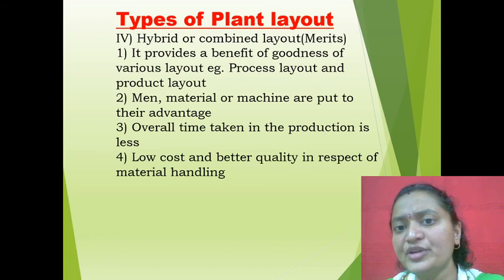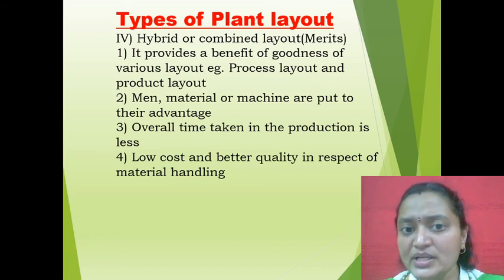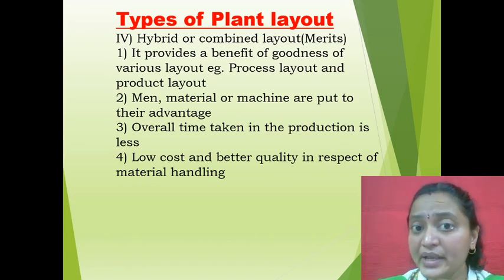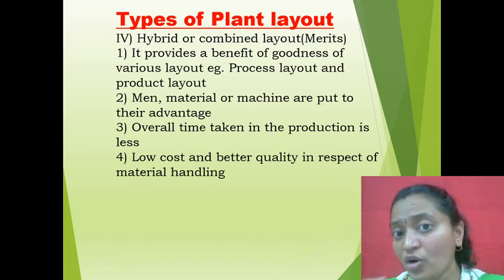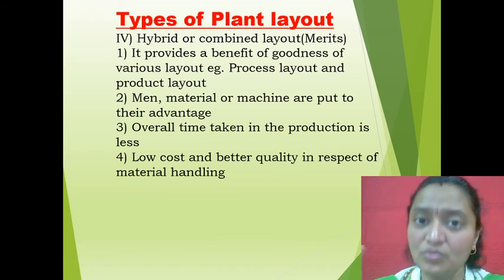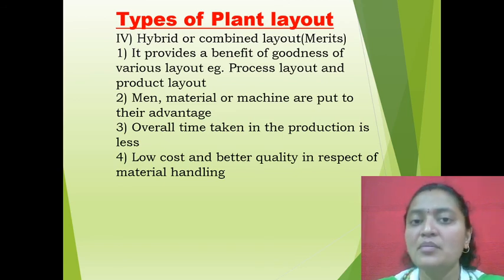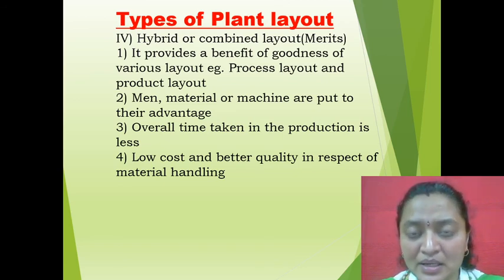Now you only need to remember briefly the merits, which provide a benefit of goodness, like here process layout and product layout. There are many types of plant layout, but among them you need to remember what product layout and process layout are, and the 4 M's. Which are the 4 M's? Men, money, material and machine.